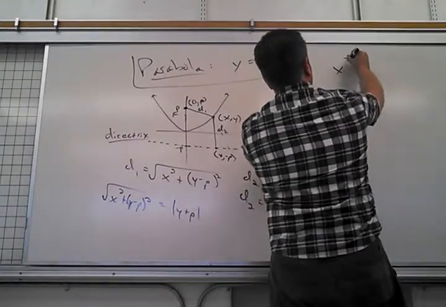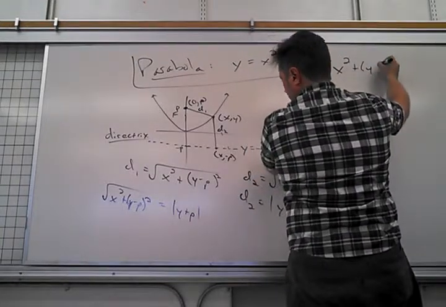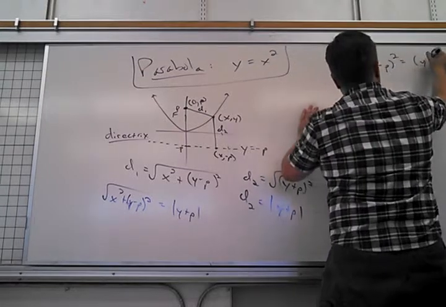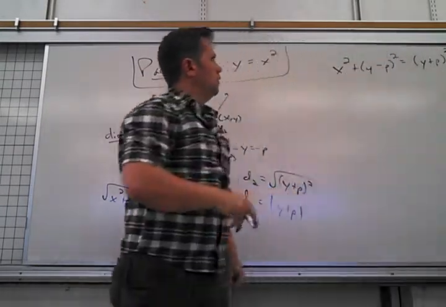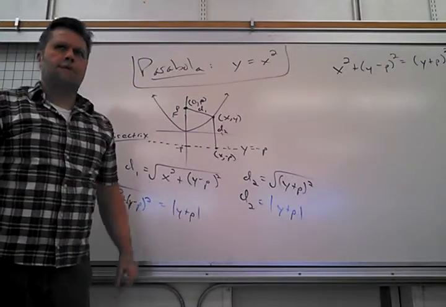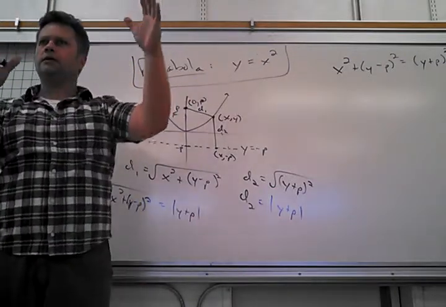So if I square both sides, I get x squared plus y minus p squared equals y plus p squared. I don't need the absolute value anymore because that's definitely going to be positive.